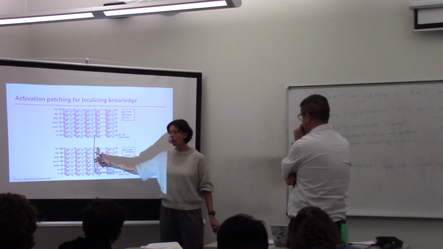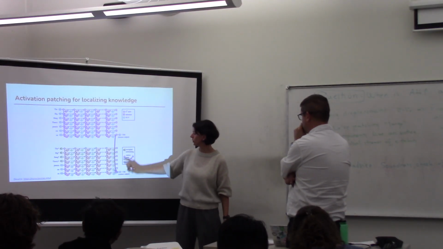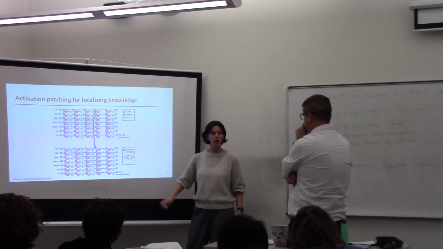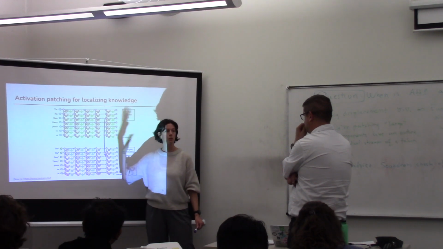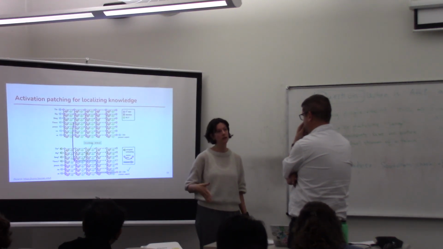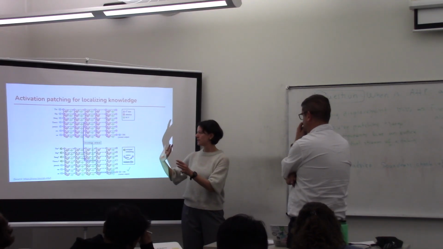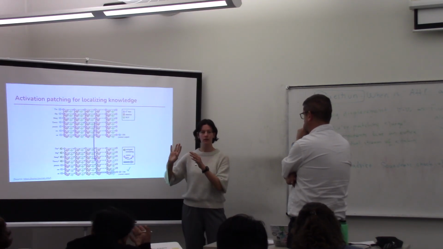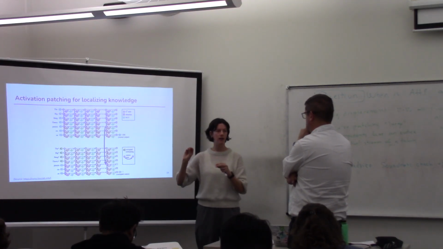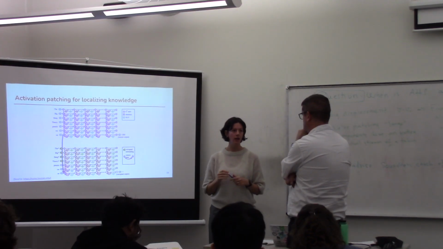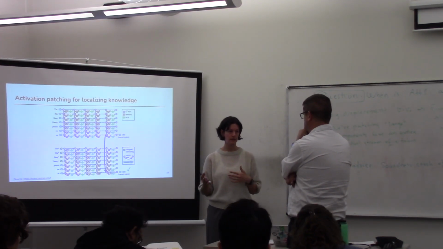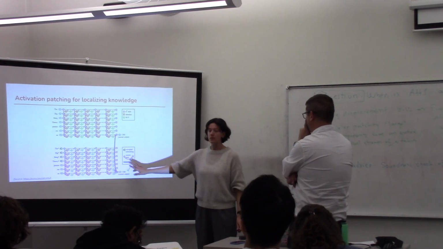If that's swapped, we can go from not CBS into CBS. We say that representation is sufficient to recover the correct behavior. And then we can start from the clean run and add the corrupt representation, and then break it, and then say it's necessary too. So that's what we are doing, right?